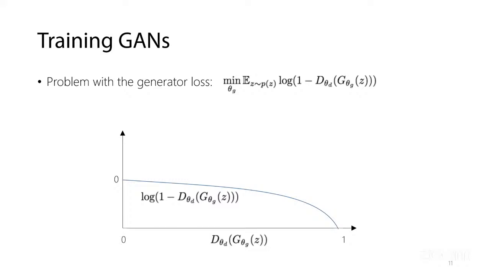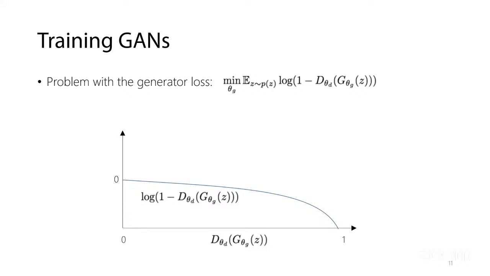Well, I told you a couple of days ago, whenever I ask a question, there's a good chance that the answer is the gradient. Okay. So look at the slope of that graph. At the beginning of the training, when the generator is not very good at its job, almost all the time, the prediction result is going to be near this range, where the slope is almost flat.